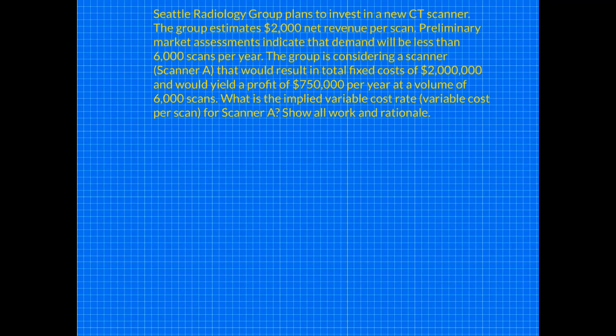The group is considering a scanner, we'll call it Scanner A, that would result in total fixed costs of $2 million and would yield a profit of $750,000 per year at that volume of 6,000 scans. What is the implied variable cost per scan for Scanner A?